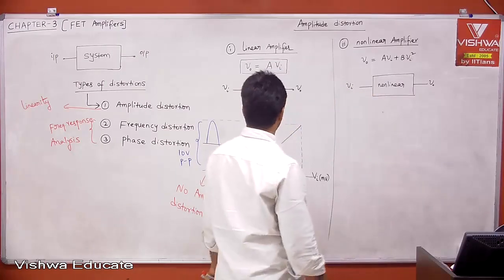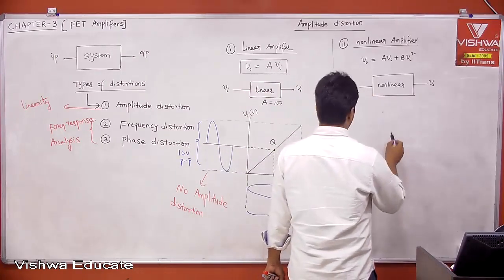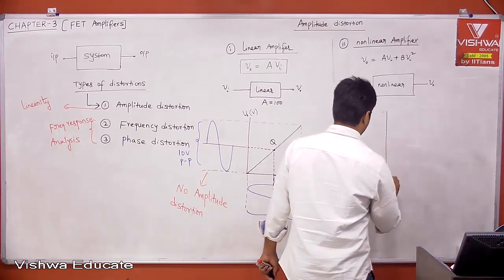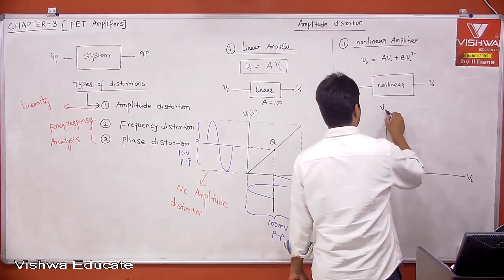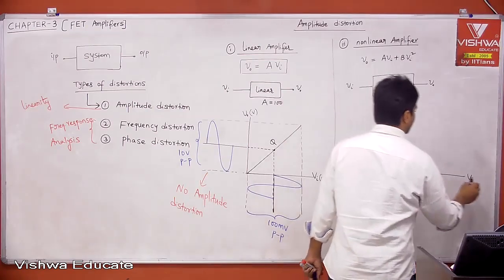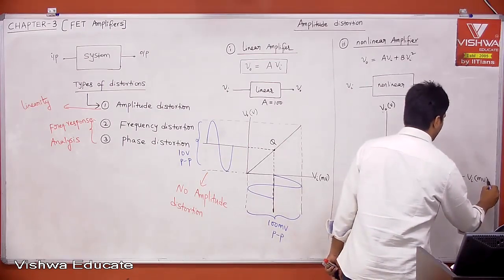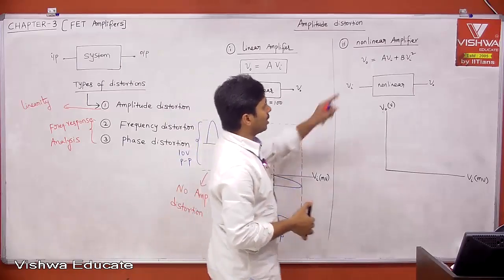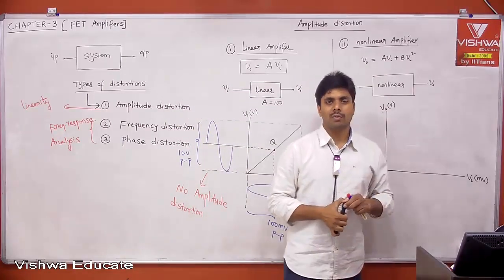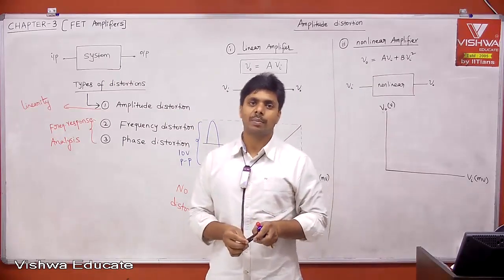Let's see. If I draw, this is your Vi and this is your V0. Again, this is the volt scale, this is the millivolt scale. Now tell me what is the relation between Vi and V0. It is like Y is equal to Ax plus Bx square. What is Y is equal to Ax plus Bx square? It is a parabola.